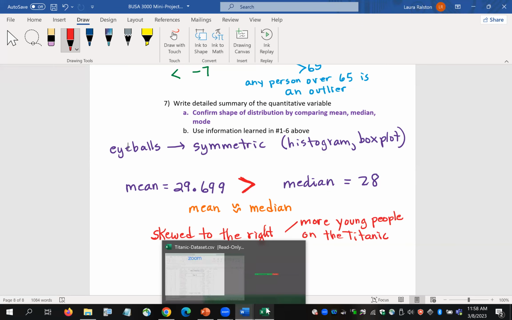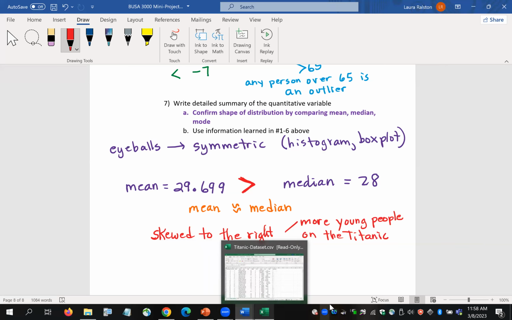Now, I hope that I've accomplished two things. One, I hope you have an understanding of descriptive statistics: mean, median, mode, range, standard deviation, all that. Minitab does all the calculations.